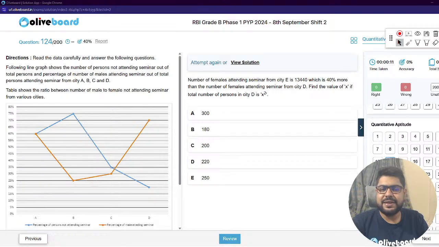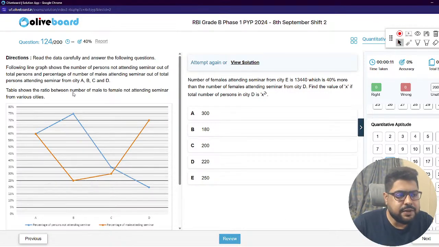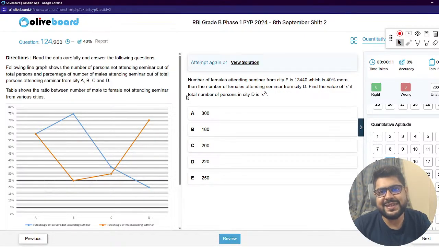Now, everyone, please read this question once. There are two things given here. Sir, the following line graph shows the number of persons not attending the seminar out of total persons, and the percentage of number of males attending the seminar out of total persons attending the seminar.